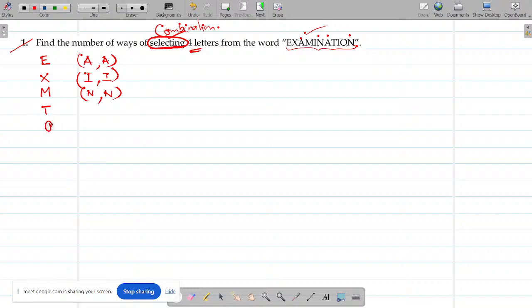O. Tell me, totally how many alphabets are here? 3, 3, 3, 9, 12, 11 alphabets are here. But if we do a small scrutiny, I'll find that 1, 2, 3, 4, 5 alone are without repetitions. And these other 6 are repeated. 6 alphabets are repeating twice.